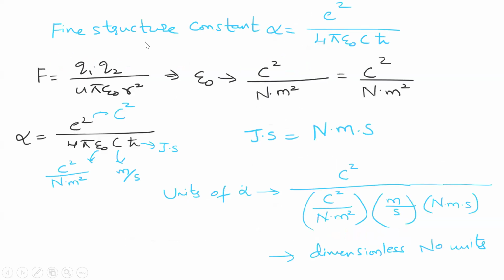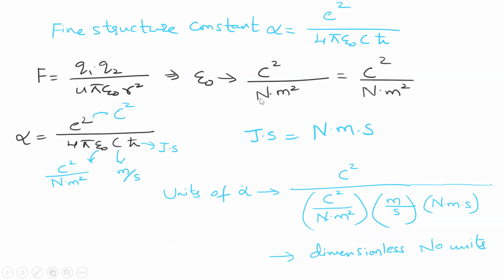Now, when we look at the fine structure constant alpha, it is e square by 4 pi epsilon naught c h cut. Basically, F is equal to Q1 Q2 by 4 pi epsilon naught R square, so epsilon naught has the unit C square by Newton meter square, based on the force equation between two charges.